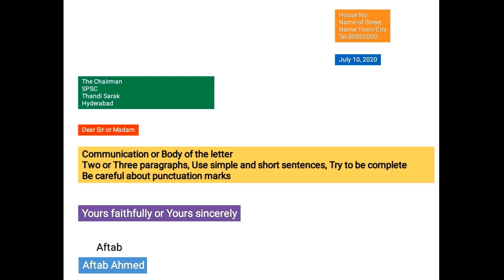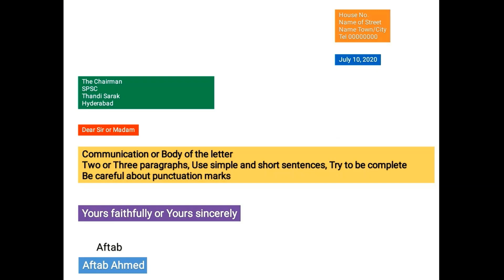Then below it, you have to put the date on which you are writing that letter. Then just below the date, on the left corner of the paper, you have to write the address of the person who will receive the letter, as I have given an example, the Chairman, Public Service Commission, Hyderabad.